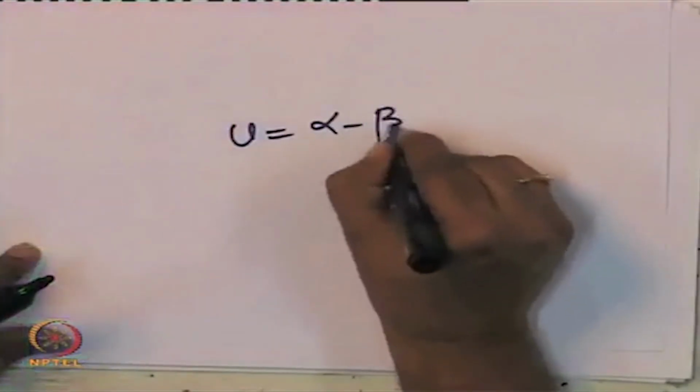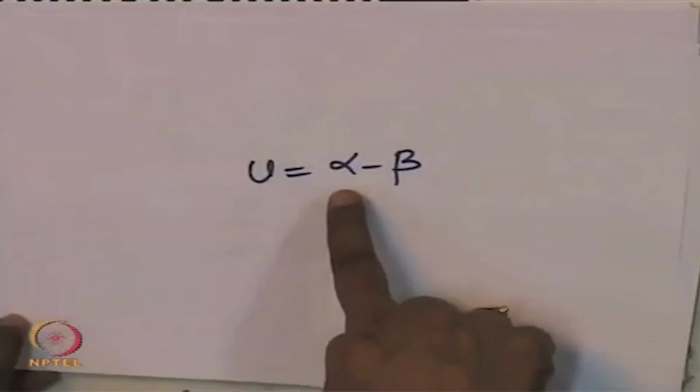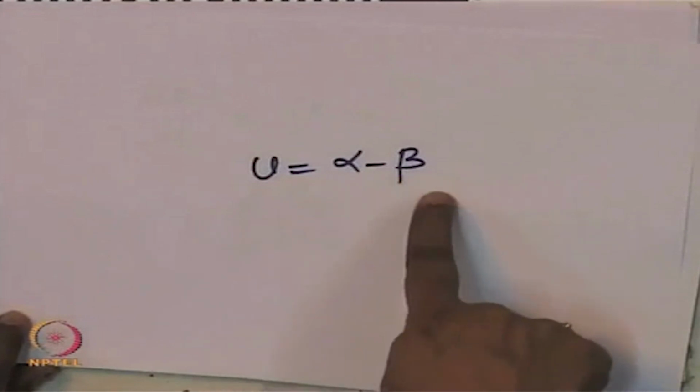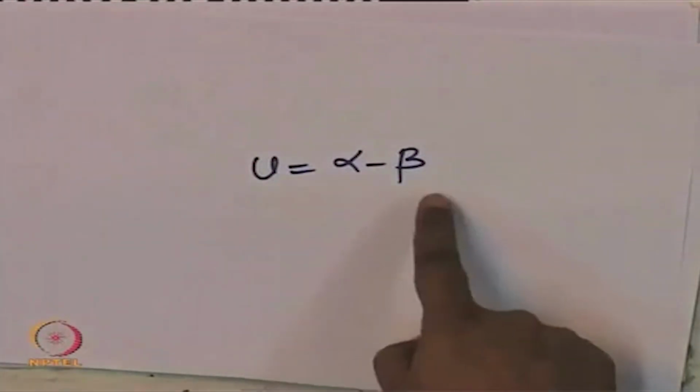So, v is alpha minus beta, the rate of polymerization minus the rate of depolymerization. Similarly, in the case of a molecular motor, this is the rate of moving forward minus the rate of moving backward. So, this is the velocity of the molecular motor.